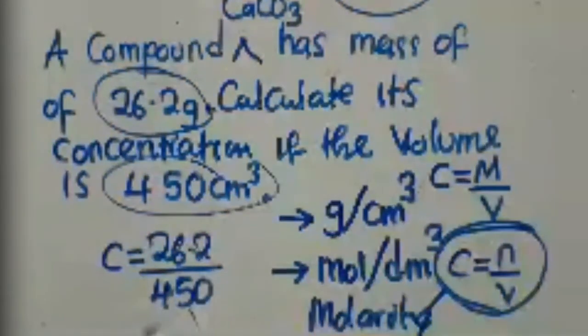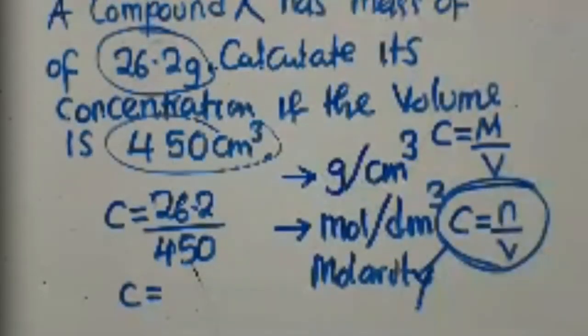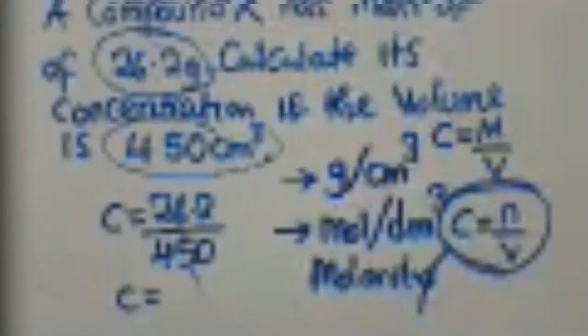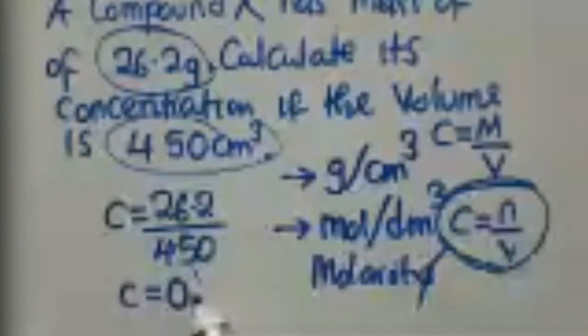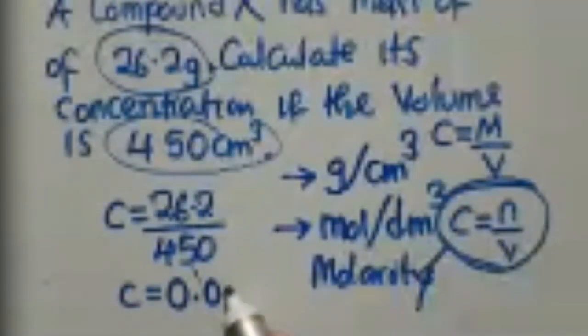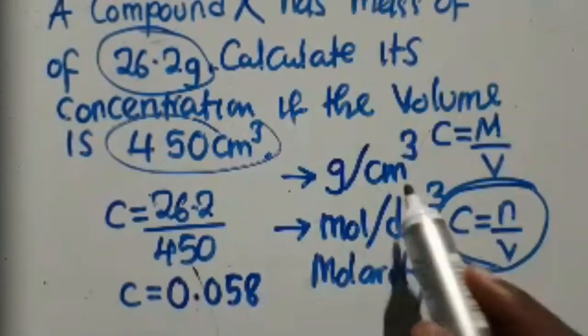So what answer are you getting there? You say 26.2 divided by 450, like that. You get it? The answer that you're going to get is 0.058. Then you put the units there.